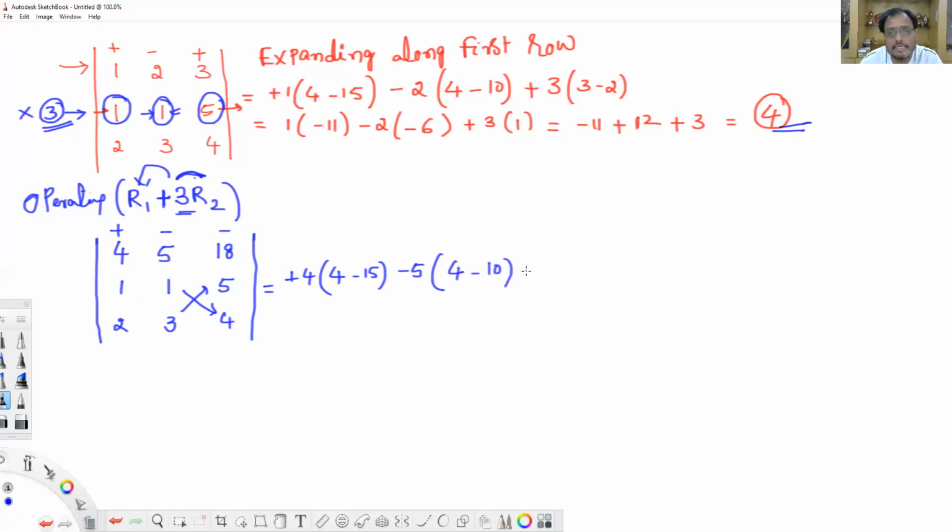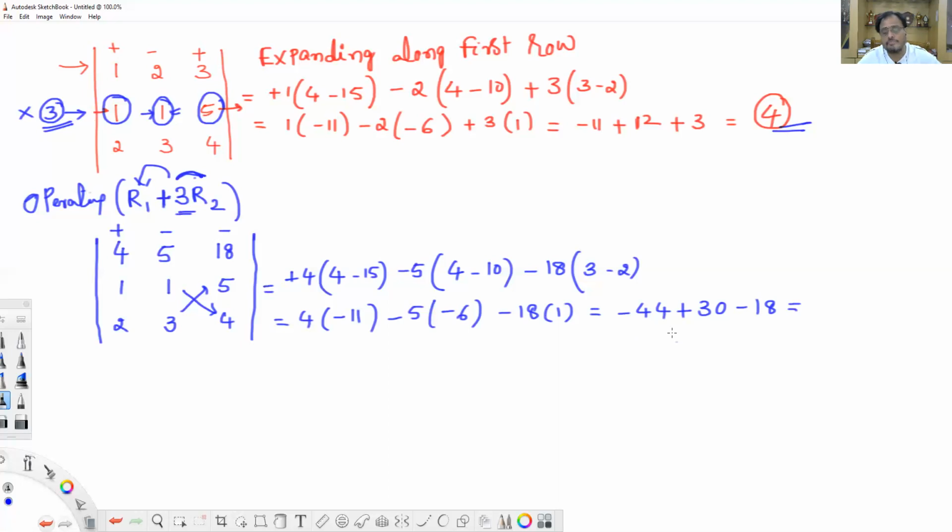After that, minus 18 into 3 minus 2. That is 4 into minus 11, minus 5 into minus 6, minus 18 into 1. But here what happened? Minus 44 plus 30 minus 18.